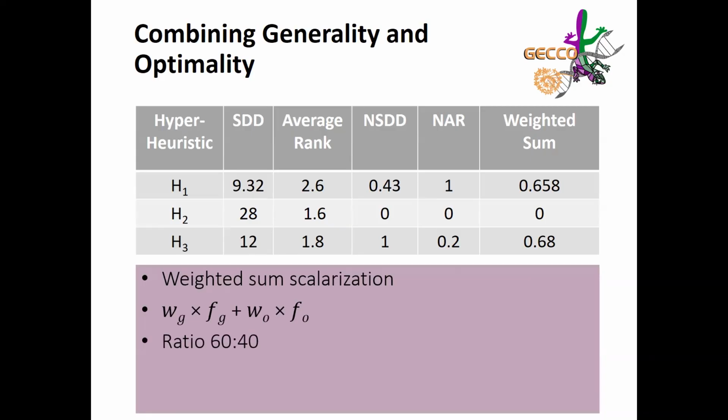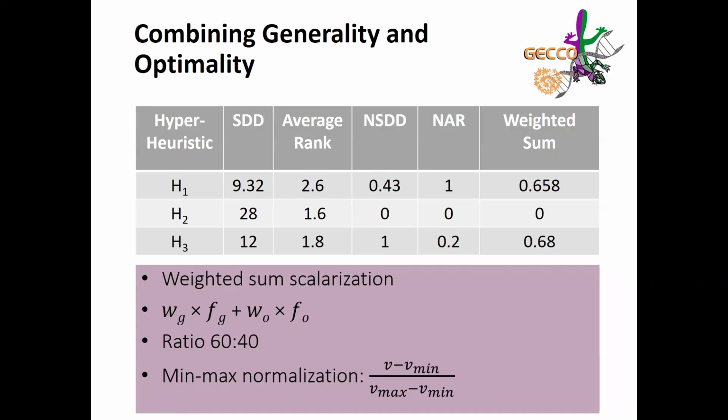We said the generality will be 60 and the optimality will be 40, and then we do a simple min-max normalization so that when we weight them, they are comparable. That's our generality, that's our optimality, this column is the SDD normalized, and that's the average rank normalized. Okay, and then we take the weighted sum.